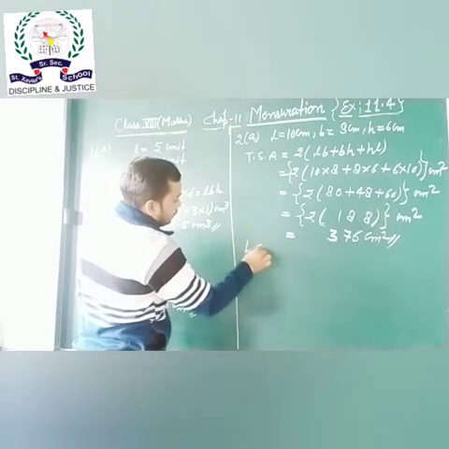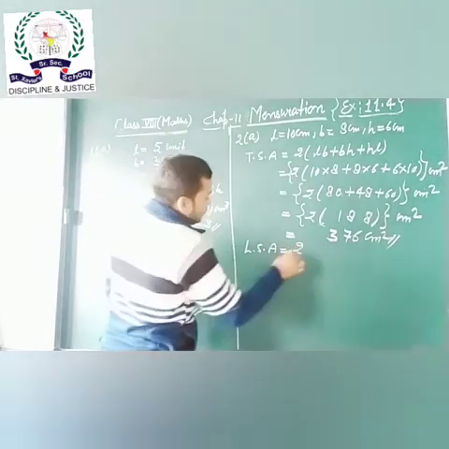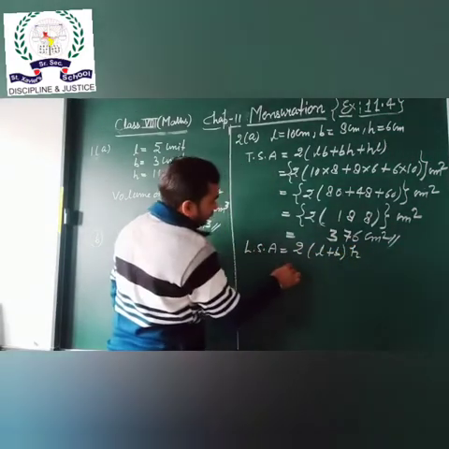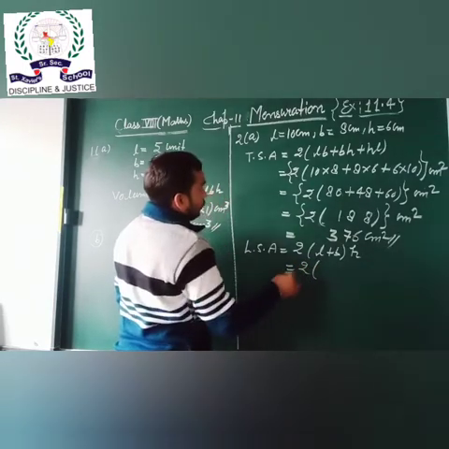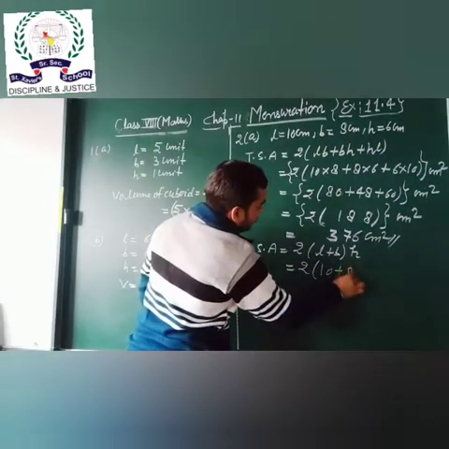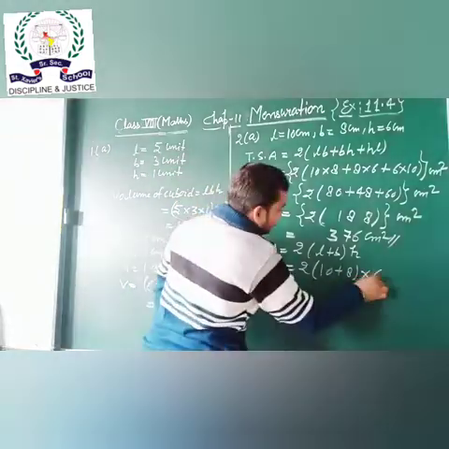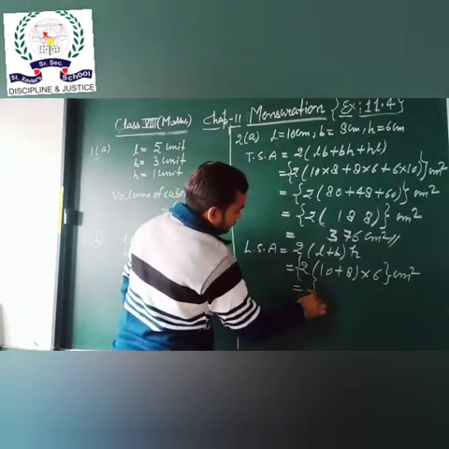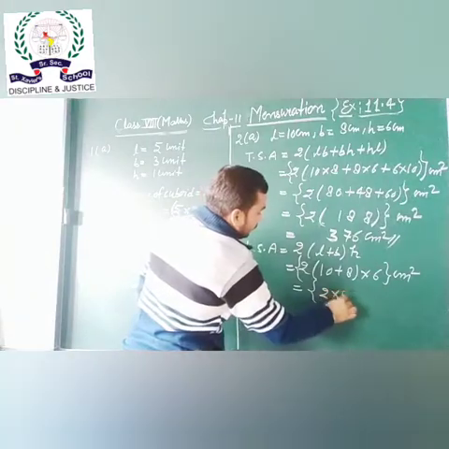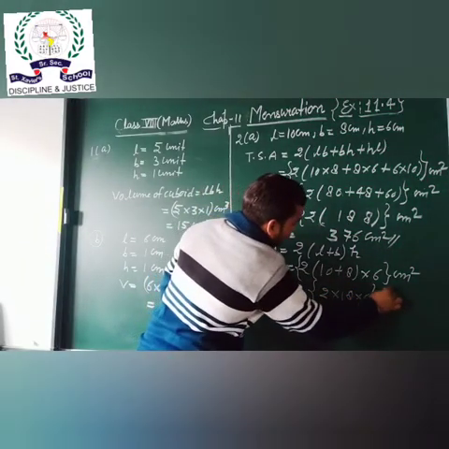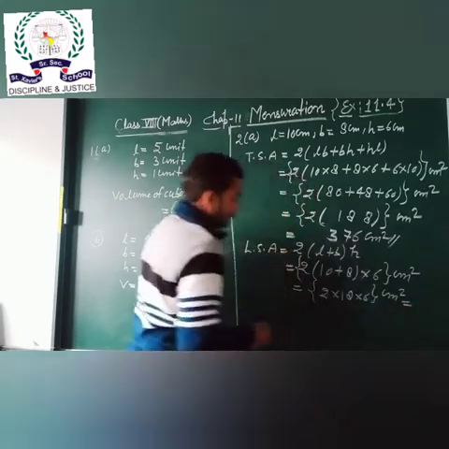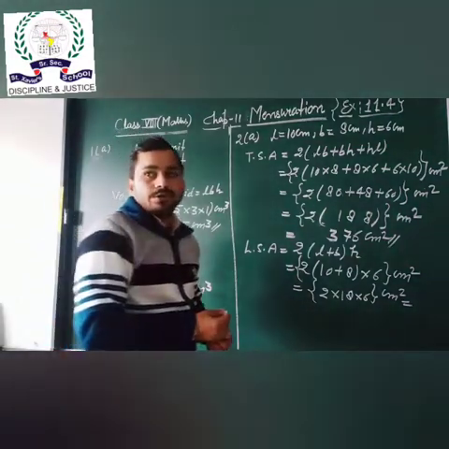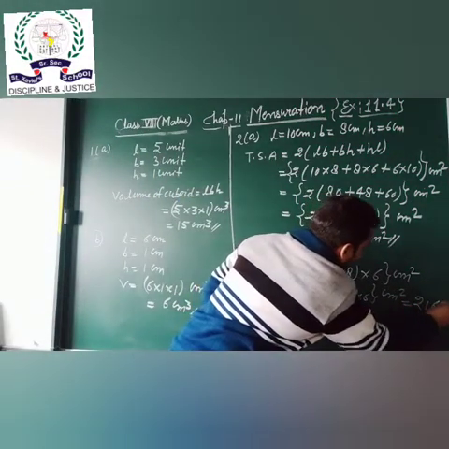Then lateral surface area. The formula of this is 2 bracket L plus B into H. 2 bracket, value of L is 10 and value of B is 8, and value of height is 6 centimeter square. 10 plus 8 is 18, 2 into 18 is 36, multiplied by 6 centimeter square equals 216 centimeter square.